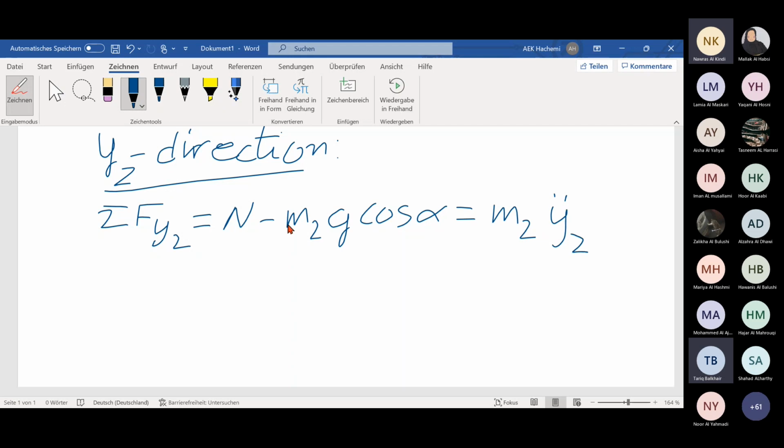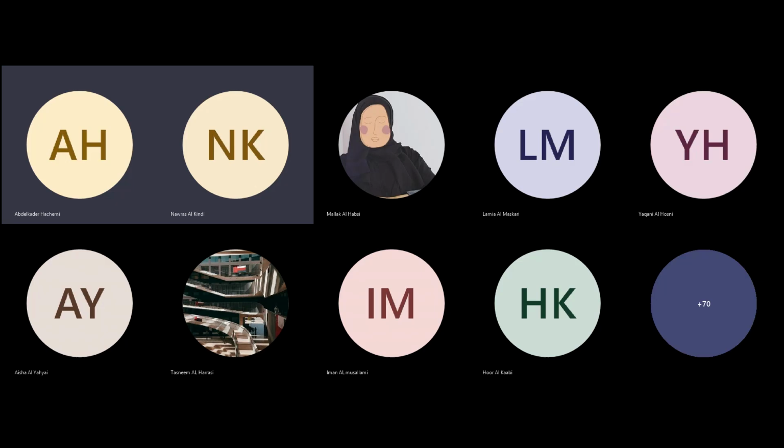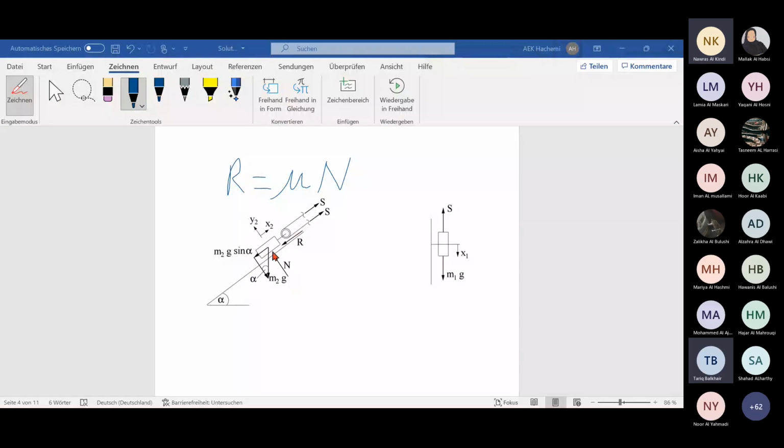That means, if I look at the picture now, along the y direction we have n, and the component here in the y direction is m2g cosine alpha.